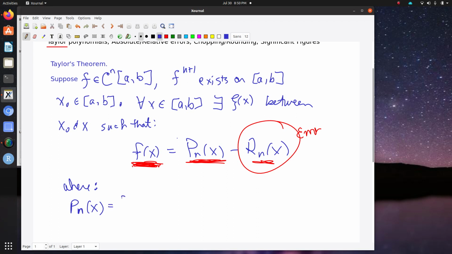Okay, this polynomial starts off, we're going to put information. We have lots and lots of information at x naught, which is where our Taylor polynomial is going to be centered. So we're centering it at x naught. And we want to know the function's value at x naught. And we want to know the derivative at x naught. And we want to know the second derivative at x naught.